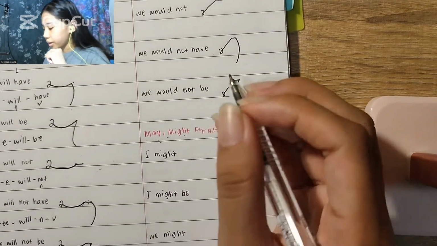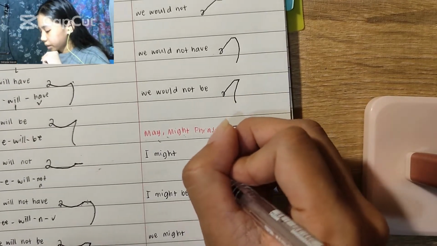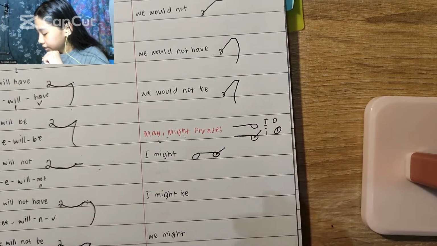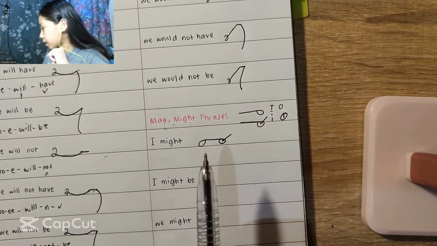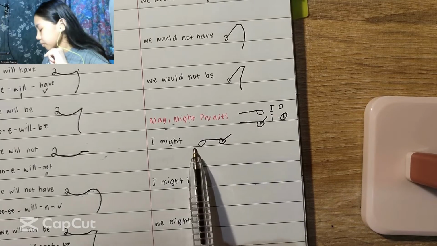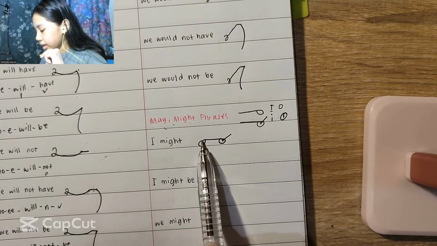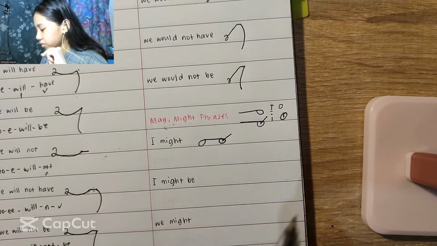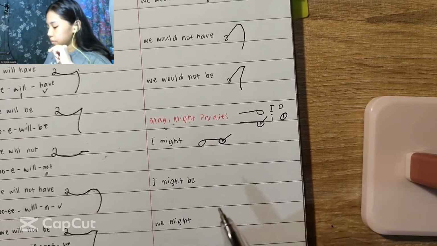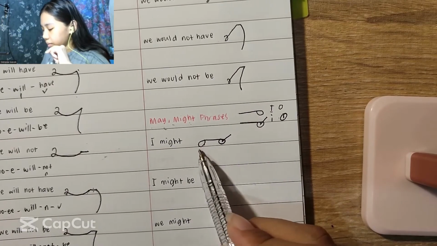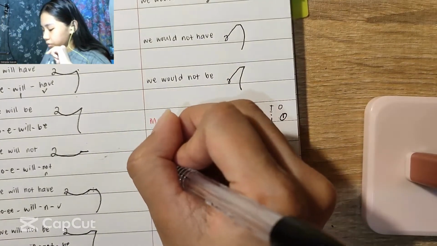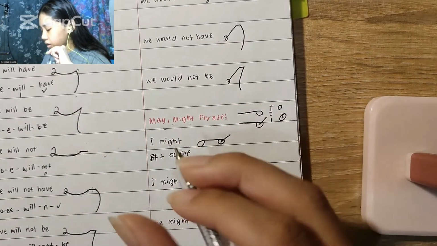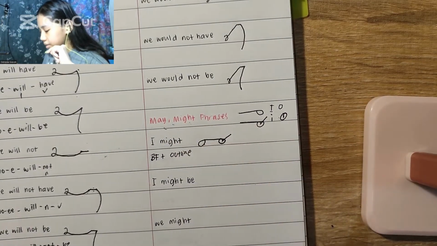So we have the first word, I might: M-I-T. We have the pronoun I, M, and then the symbol of the sound of I, and then the T symbol. As you can see, we have a brief form plus a complete outline of the word might.